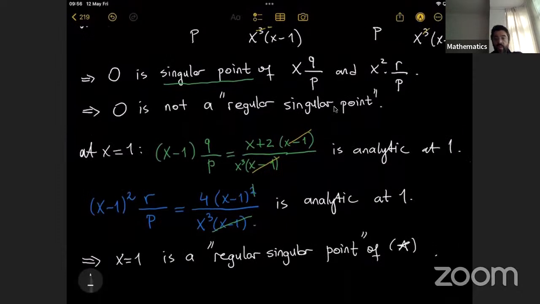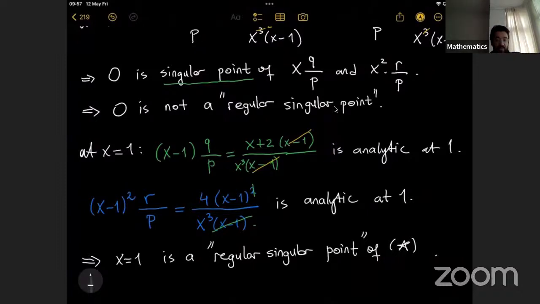So 0 and 1, they are both singular points, but 1 is better because at 1, after you multiply with some terms, you make your functions regular or analytic. So you say it's regular singular point. 0 is the worst type of singular point. You cannot make it regular singular, okay, at 0, but at 1 we are fine.